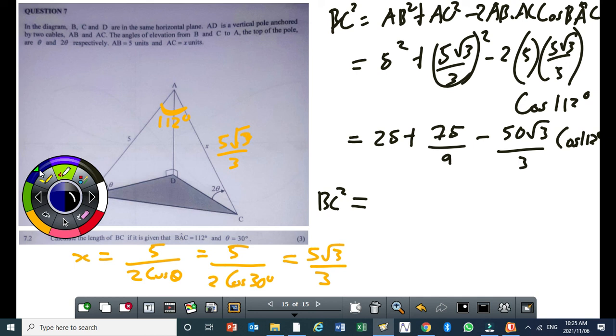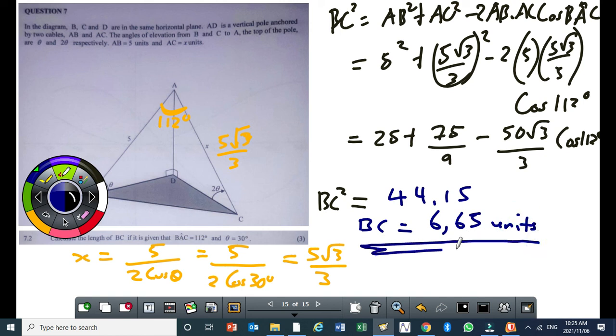Yes, you must multiply that by cos 112. She is getting 44.14. 44.15. What's the square root of that? 6.1. The square root of this is 6.65 units.